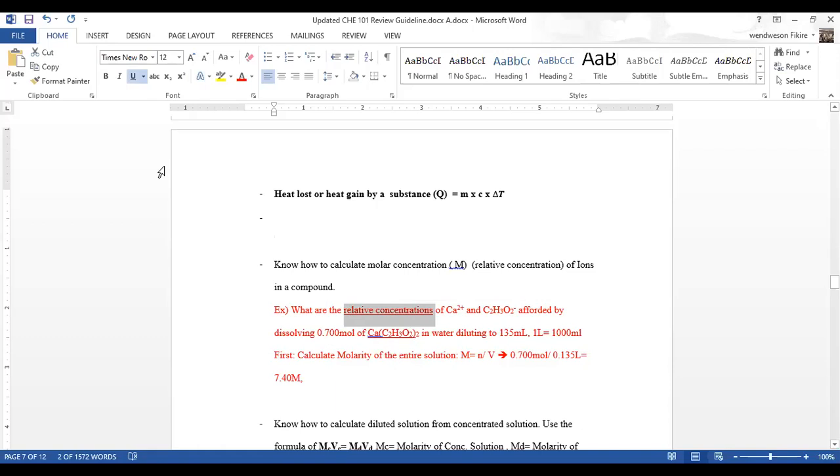Let me write that down so you get a clear understanding. When I say relative concentration, it is the concentration of individual ions.